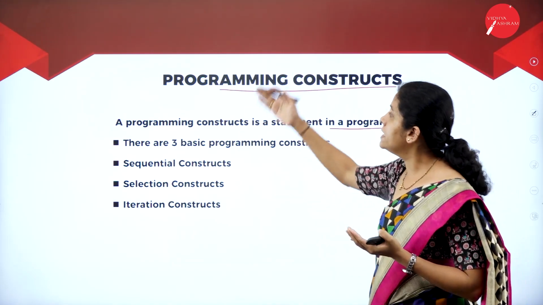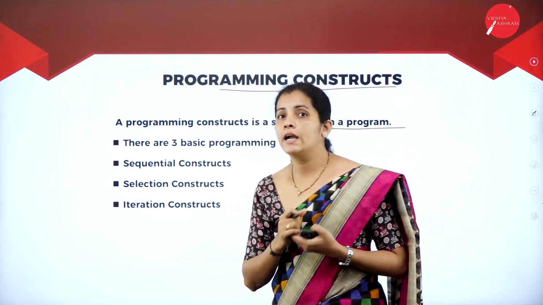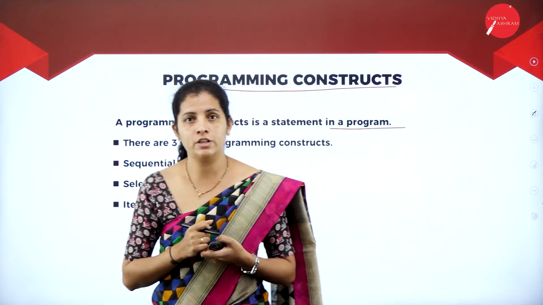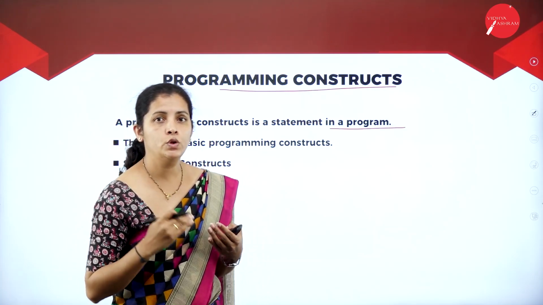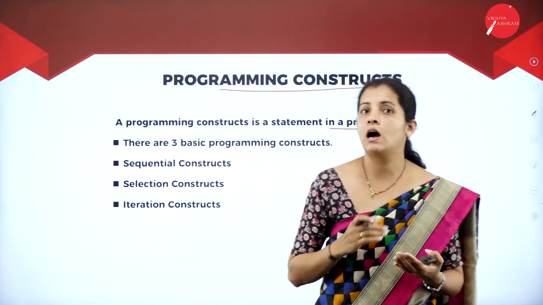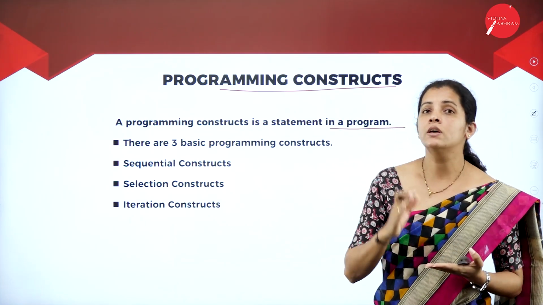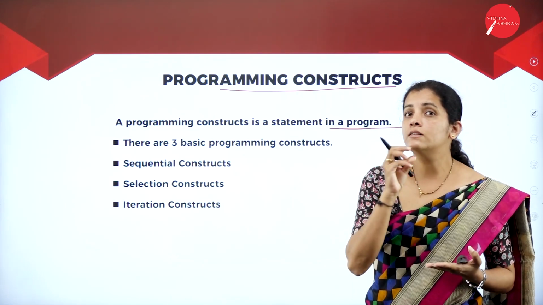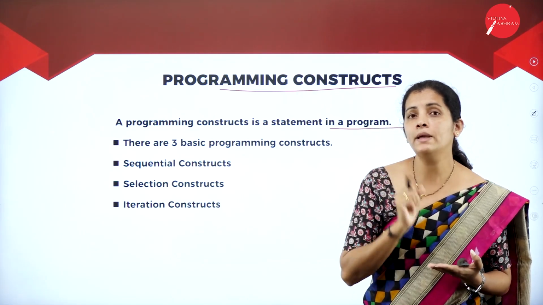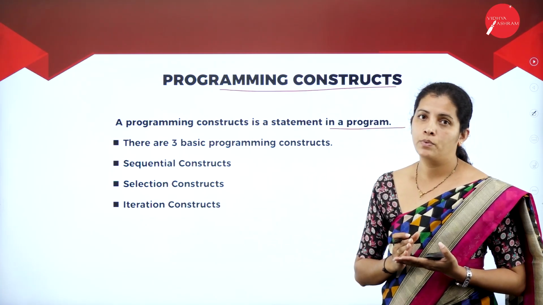So while writing any program, I can use any kind of programming language. I can use C, or C++, or Java, or Python. Here the selection of the programming language purely depends on the programmer.